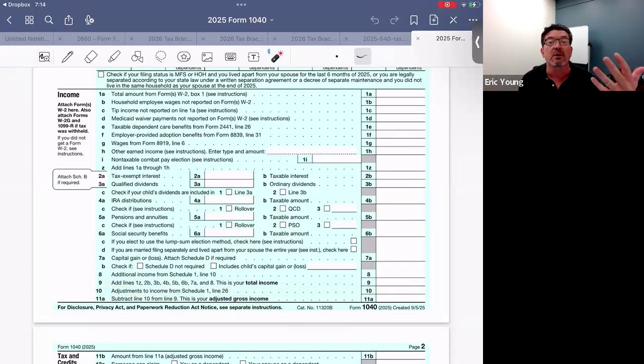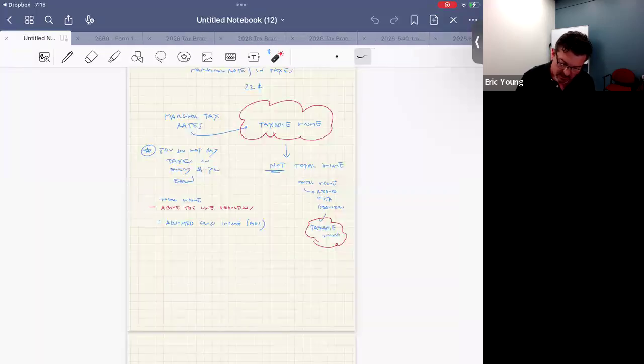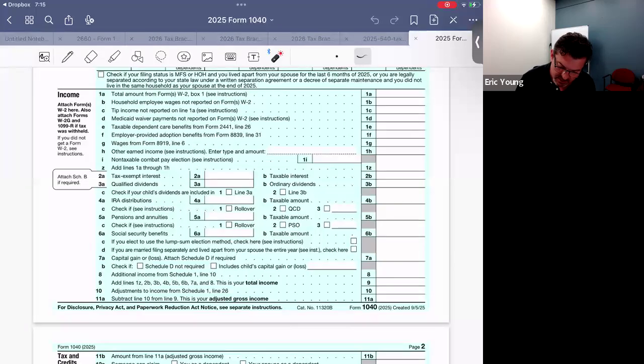So the above the line deductions are right here on line 10. Now you'll notice that this is going to stem from a subschedule called Schedule 1, which lists all kinds of potential deductions that you can take. Let me make sure I get this over here so I can use it later. There we go.